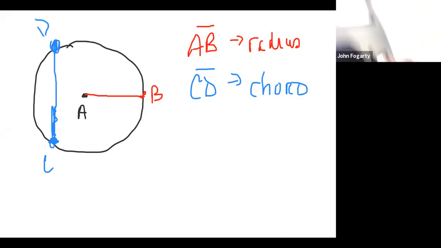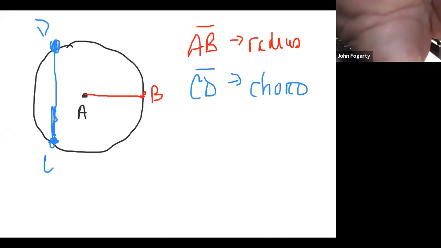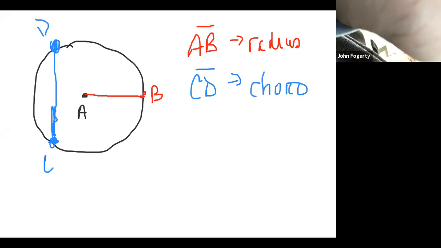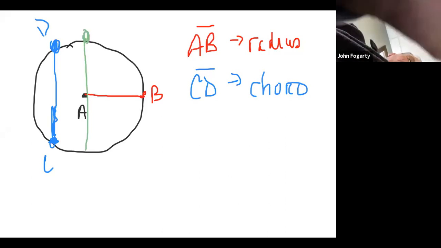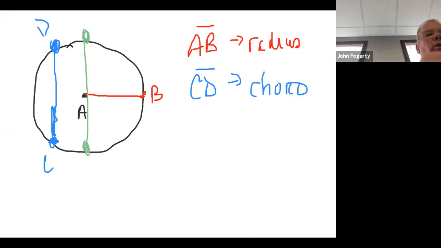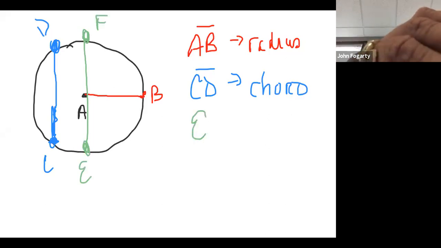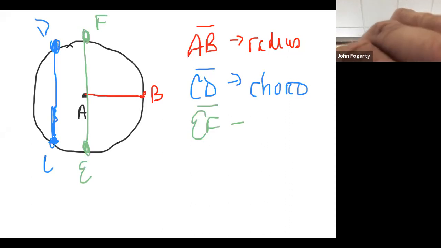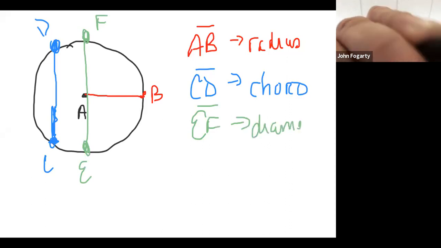And finally, the last one we did was a chord that passes through the center of the circle. So EF is a chord, but it passes through the center, so we call it a diameter.